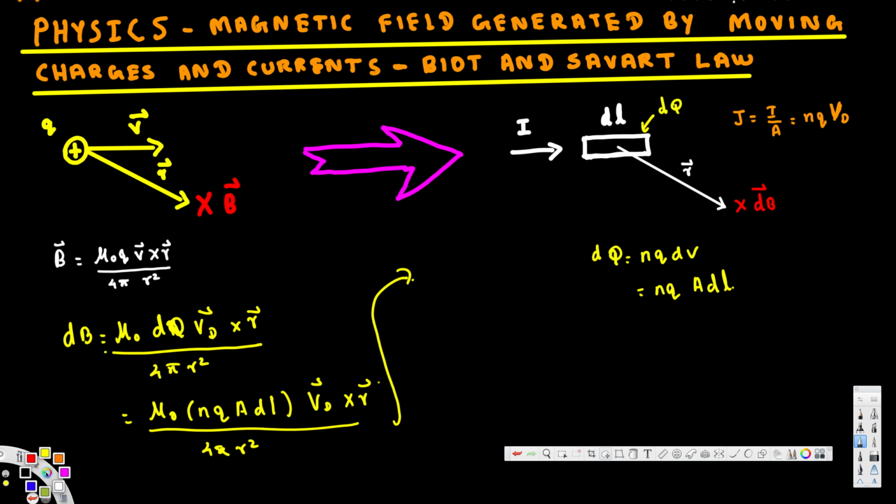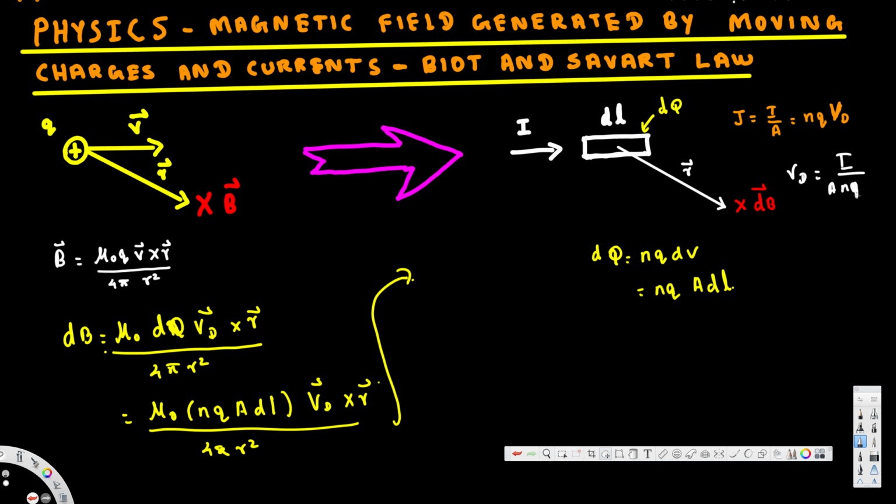Let's continue here, and instead of vd, because when we are talking about a current segment, it doesn't make sense if we just talk about drift velocity, right? So we have to include current. To include this current right here, we are going to rearrange this drift velocity, and that's going to give us I over nqA.